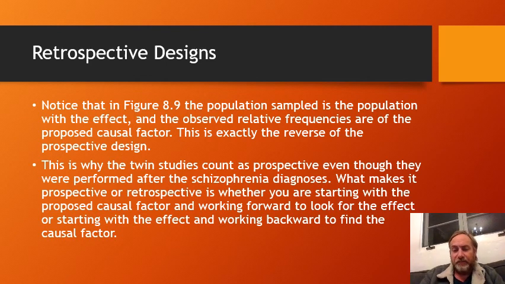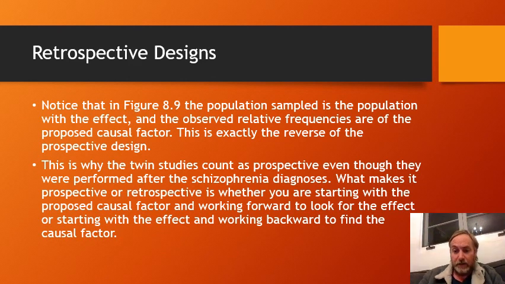Exactly the reverse of a prospective design, right? So you may recall with our twin studies, right, we were looking at the causal factors, genetic identity and genetic diversity, and then seeing within those groups, right, what are the relative frequencies of the effects.